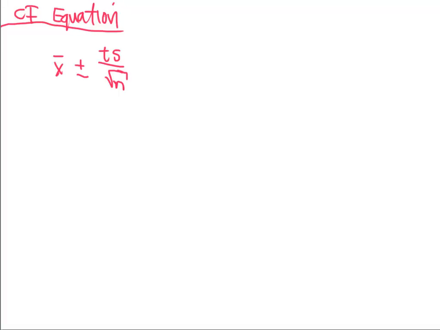And here is the equation that you will use to solve for confidence intervals every time. So here we go. That's the CI or the CL equation, that's what I'll abbreviate it as. Again, CI for confidence interval, CL for confidence level. And no matter which one I pick from, the 90, the 95, the 98, the 99, it doesn't matter.